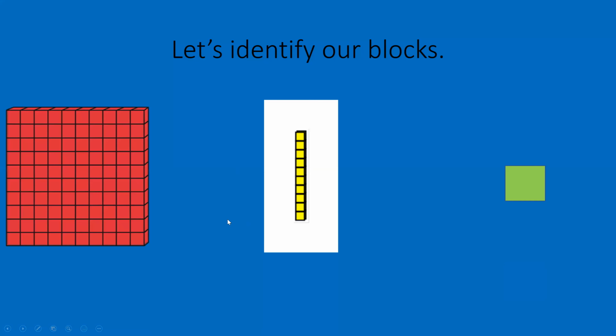Let's identify our blocks. All right, so listen up. I would like you to touch first the ones block, then the 100 block. Give it a try. Amazing. First the ones block, then the hundreds block. Listen up. Please touch the tens block and then the hundreds block. Awesome. First the tens block, then the hundreds block.